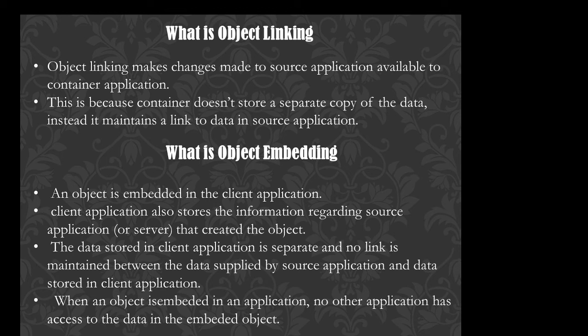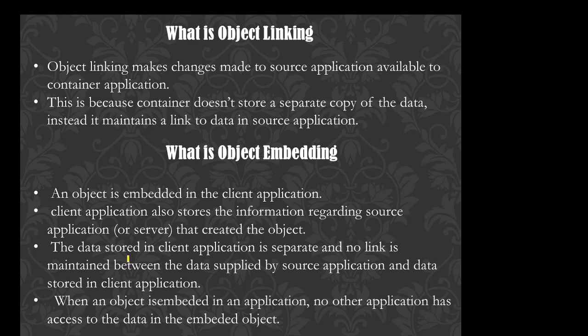But object embedding means to embed data into a client application. The client application also shows the information regarding the source application that created the object. It also contains one copy of the information, and only then can we perform any changes to that data.